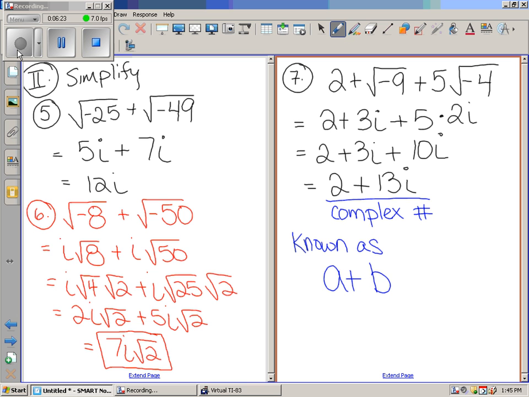This is known as a plus bi form, and the reason I said that it has issues is because it's part real, and the real number always goes in the front, and then it's part imaginary.